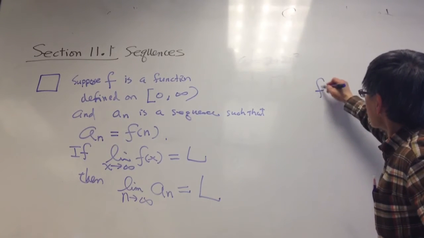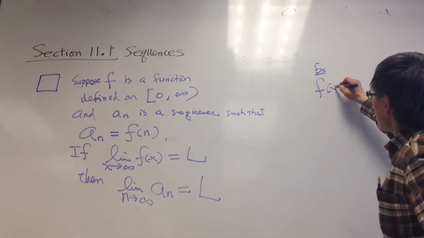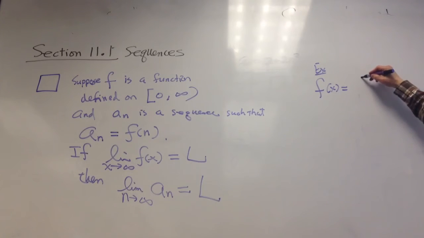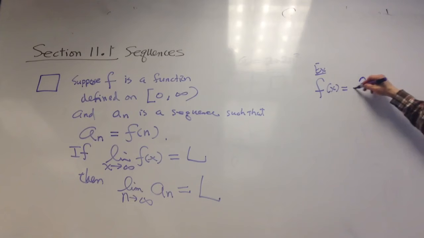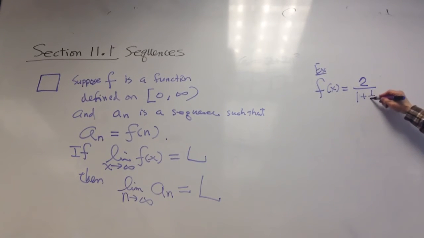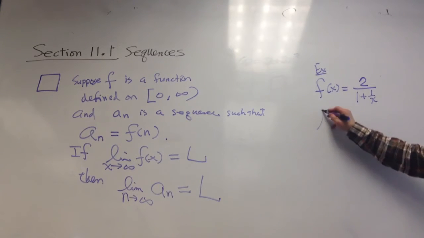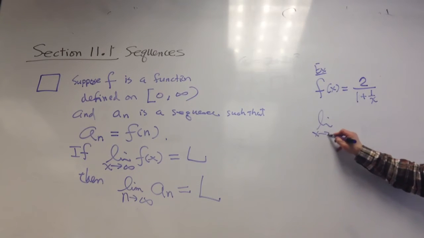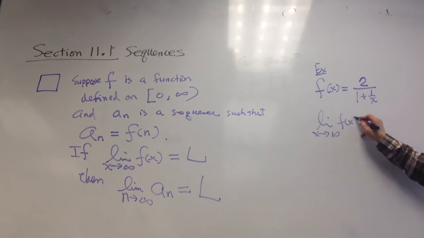If I say, for example, f of x, very simple example, 2 over 1 plus 1 over x. Then if I have this, what do you think the limit as x goes to infinity of f of x is?